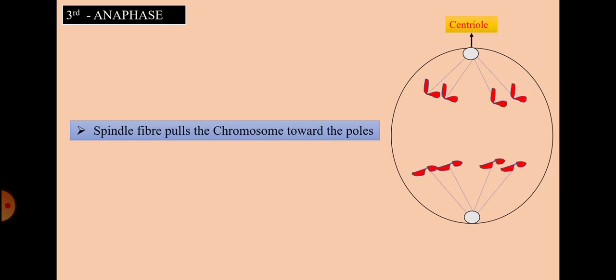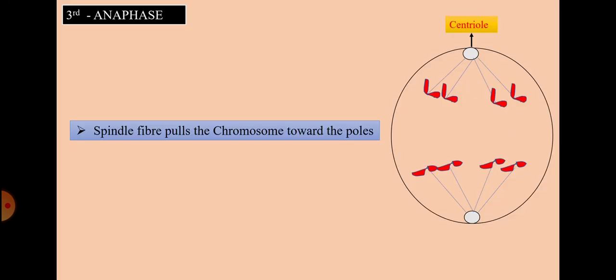They pull. What do they pull? They pull the chromosomes towards the poles. The chromosomes break from the centromere, and when they break from the centromere, they get separated and go near the two poles. So the spindle fibers pull the chromosomes towards the poles, and this is how the chromosomes look.